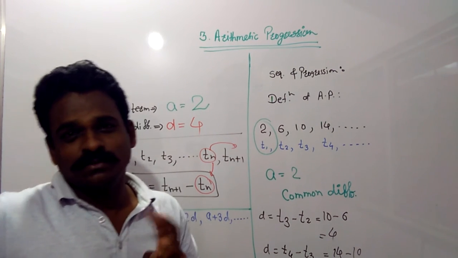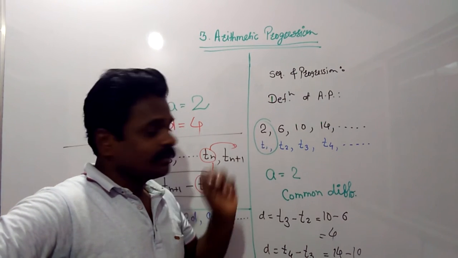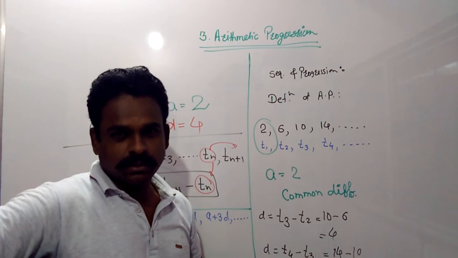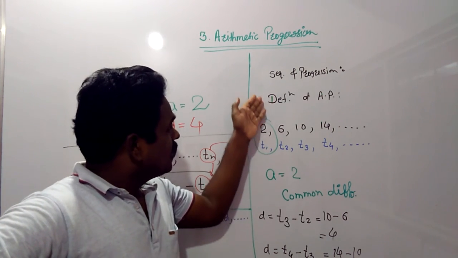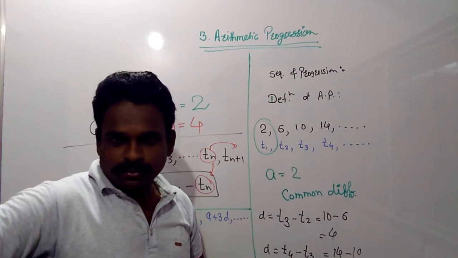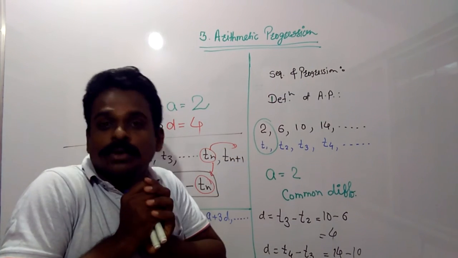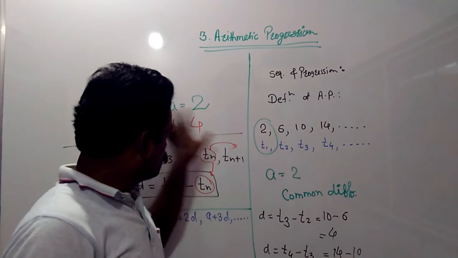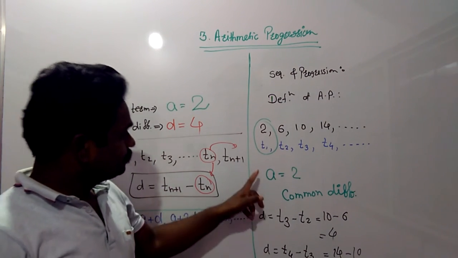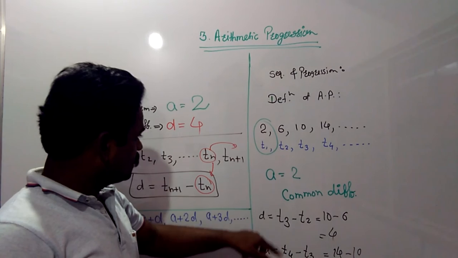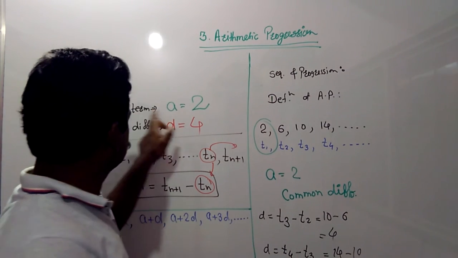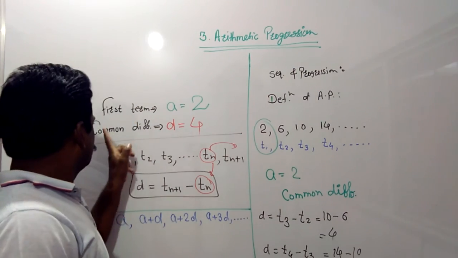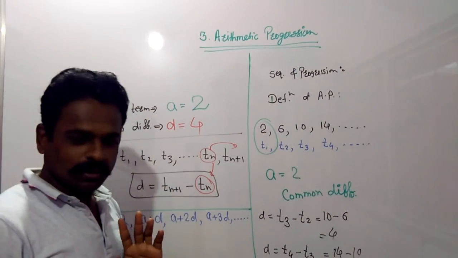Then the difference between sequence and progression, then the definition of arithmetic progression, what exactly arithmetic progression is. Then in today's lecture, the first term and the common difference. The first term is denoted by a, whatever your first term is. The common difference is denoted by d.